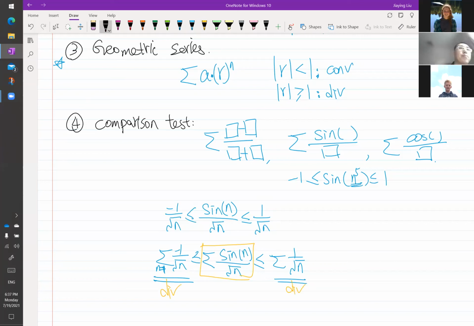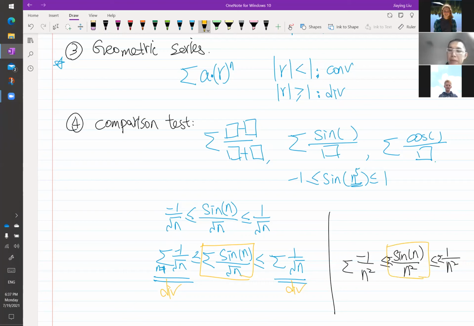And I could pick a similar example. What about sine n divided by n squared, with sigma? In this example, this series is between two convergent series.